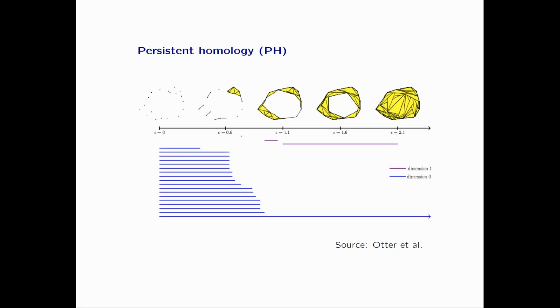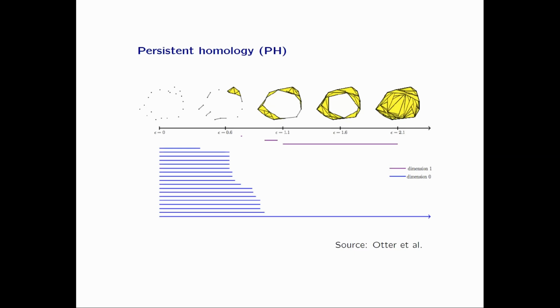The idea is to start with a point cloud on the far left, and then as epsilon grows, this is the real line, the black line, you associate complexes to it, which are the vertices Rips complex. Close by, epsilon close by points are connected, and you fill also them with simplices as soon as all the boundaries of the simplex are already in your complex.